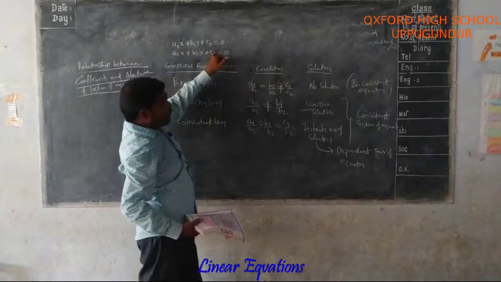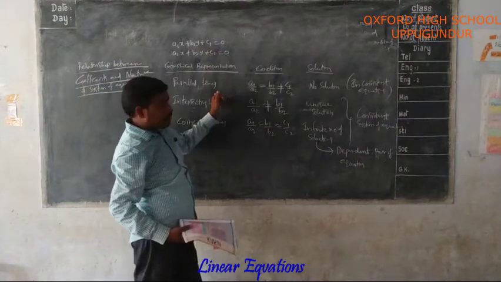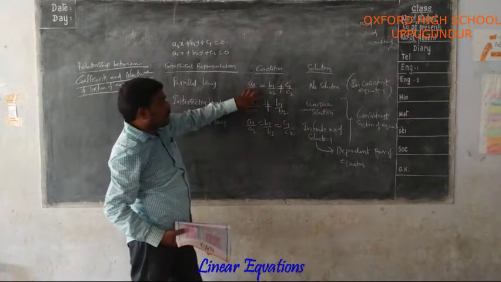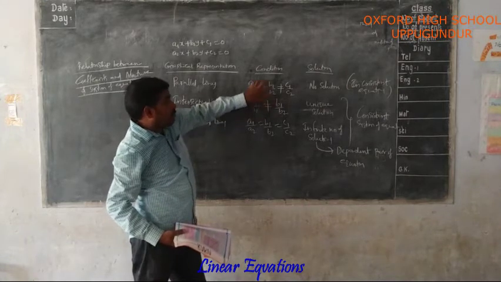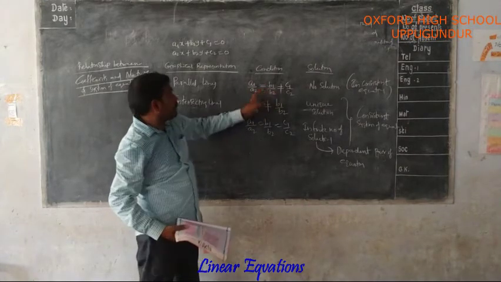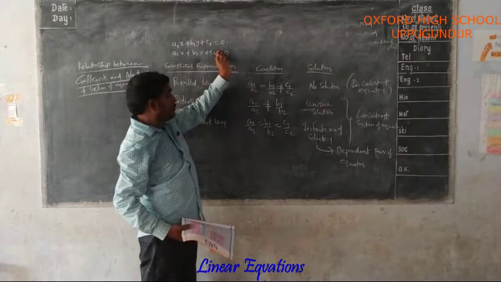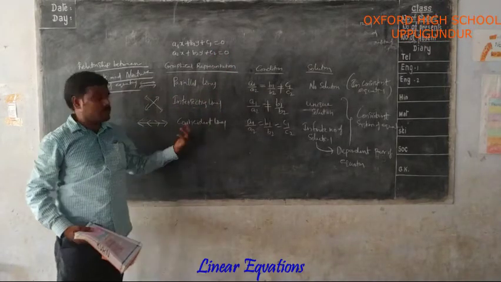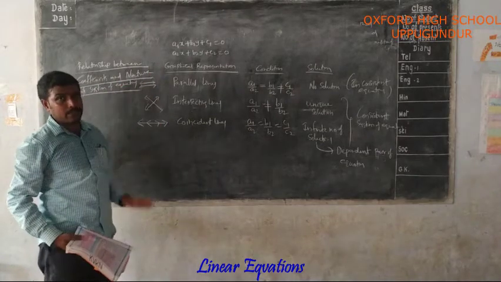Whether these equations represent parallel lines, intersecting lines, or coincident lines, based on these conditions, by solving these conditions, we can say whether the pair of equations represents parallel lines, intersecting lines, or coincident lines without graphical representation.